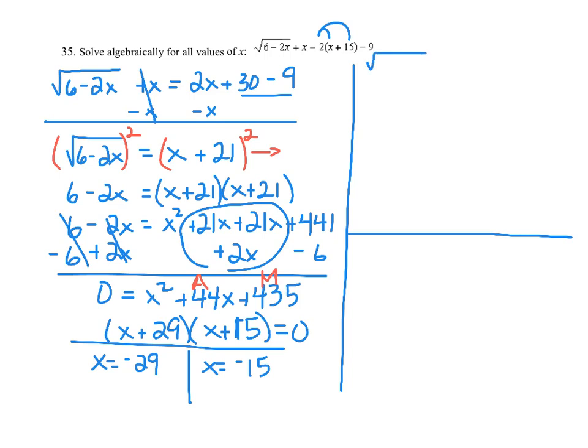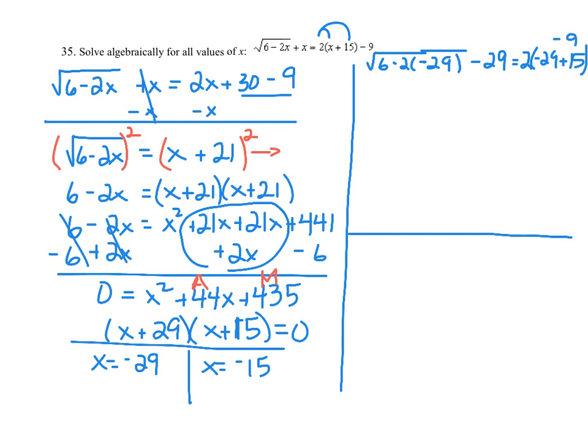So if I do 6 minus 2 times negative 29, okay, and then minus 29, oh boy, I'm going to run out of room here, 2 times negative 29 plus 15, definitely going to run out of room here. I'm so sorry, I'm going to stick a minus 9 up there, okay?